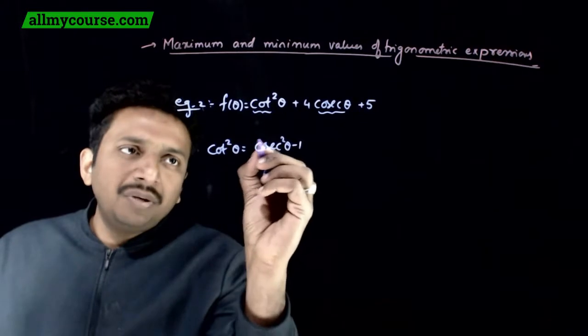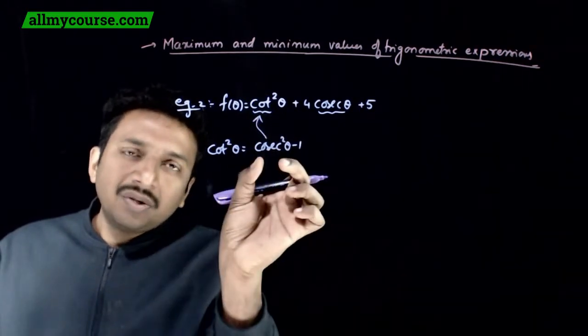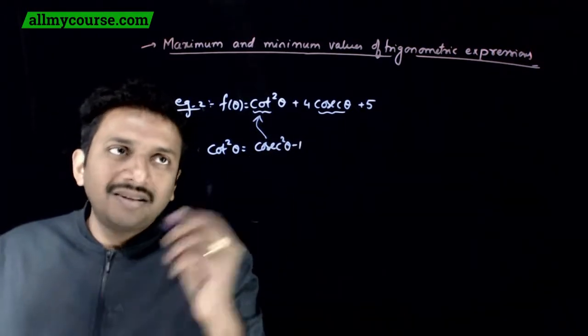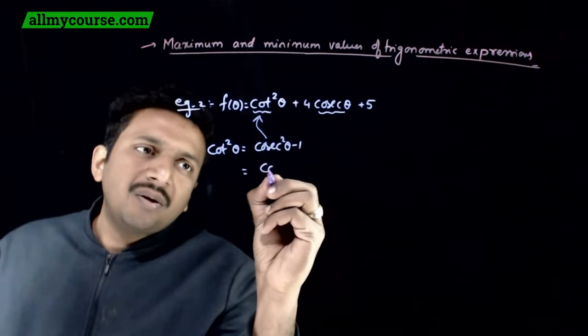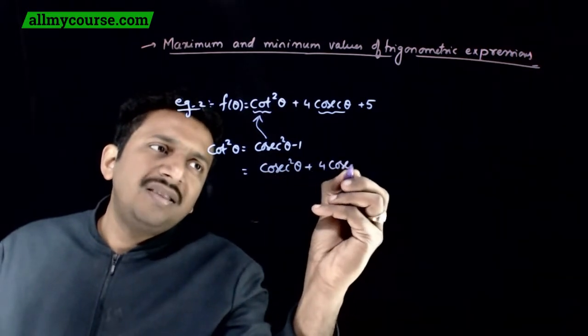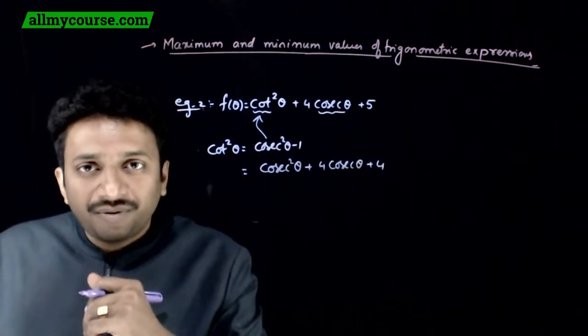So if I substitute cosecant square theta minus 1 in place of cot square theta, you get the expression completely in terms of cosecant theta. So this becomes cosecant square theta plus 4 cosecant theta plus 4, right? Minus 1 plus 5 is 4.